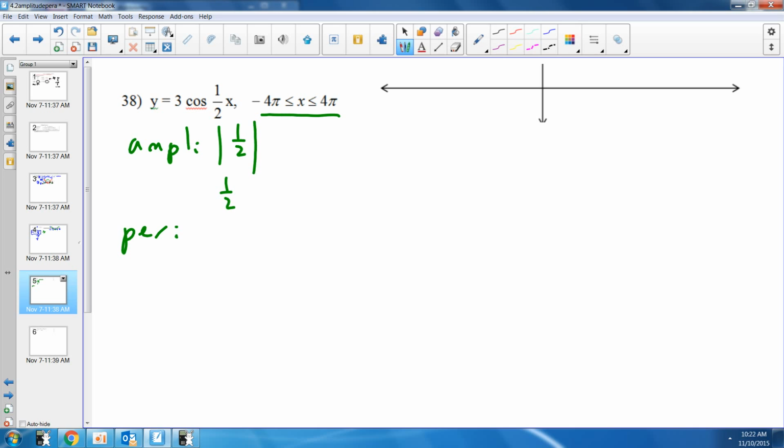The period is going to be 2 pi divided by my b, which is 1/2. That equals 4 pi. And then my units are going to be my period divided by 4, which equals pi.